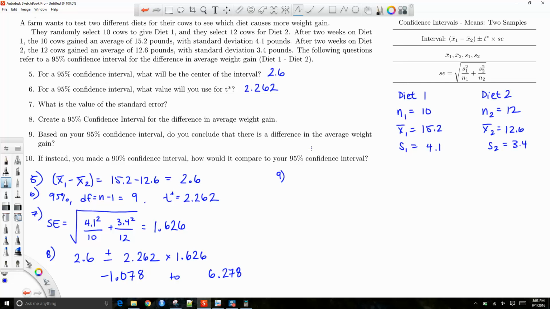So for number 9, it's saying, do we have evidence that there's a difference in the average weight gain? Since 0 is there, there's no evidence. Correct. Okay, so we see that 0 is inside the interval.